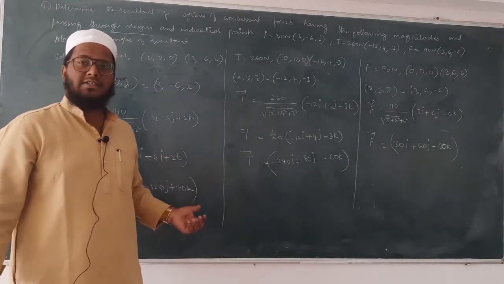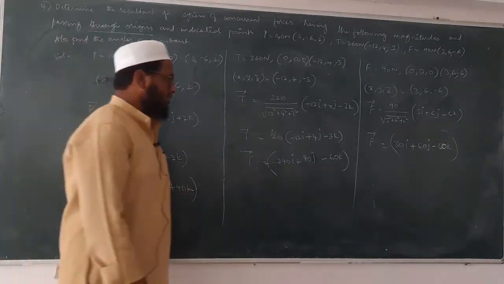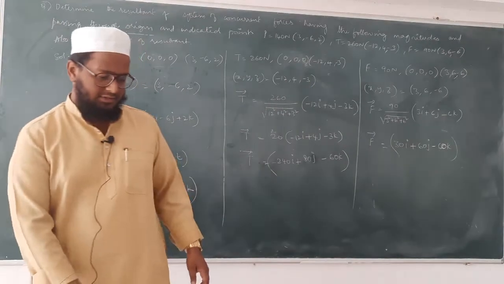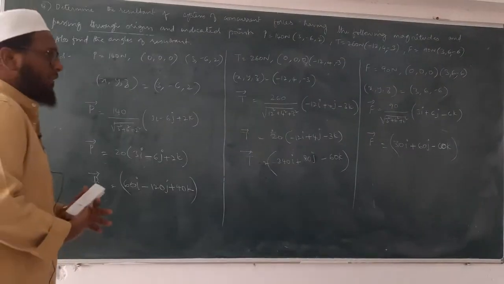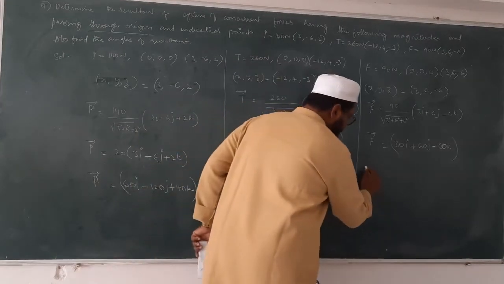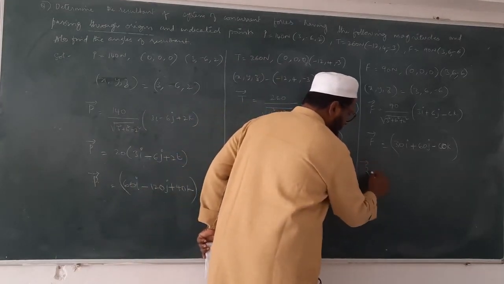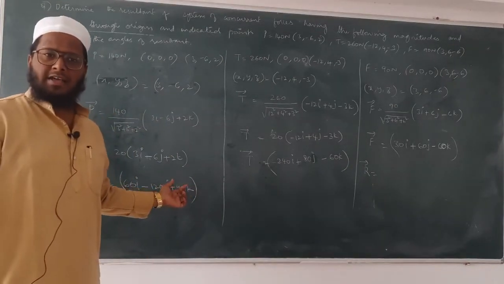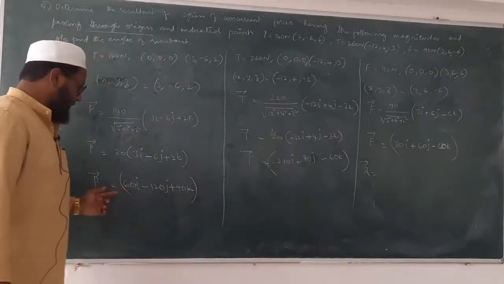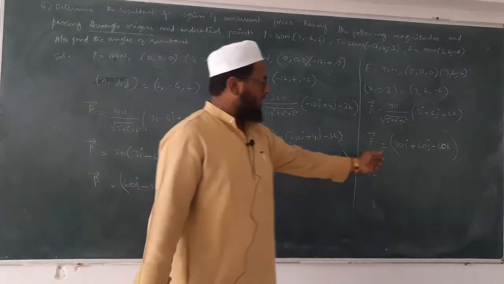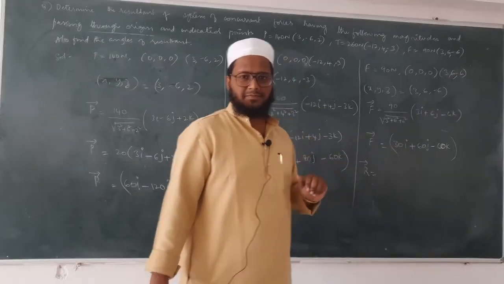Okay, now how to calculate resultant? Copy down this one, then we'll go for the resultant. So for the calculation of resultant, see here, resultant R vector is equal to, what are the i's we have? 60 minus 240 plus 30. How much?